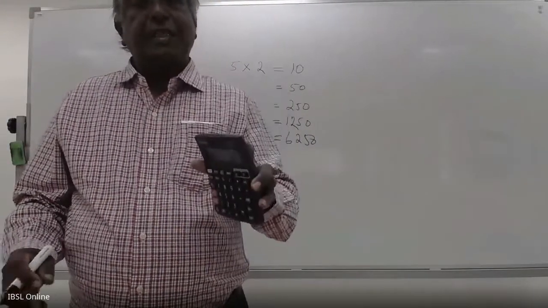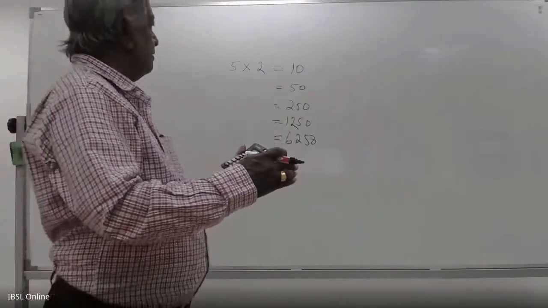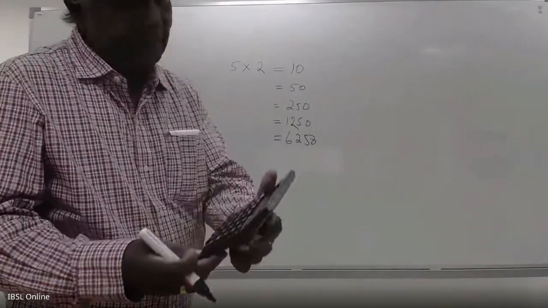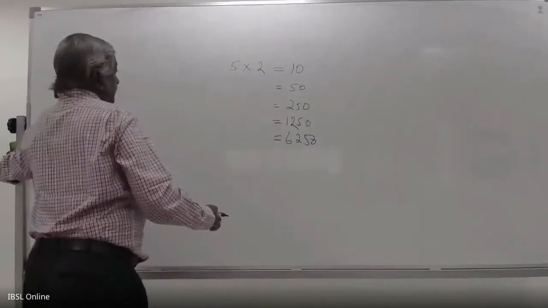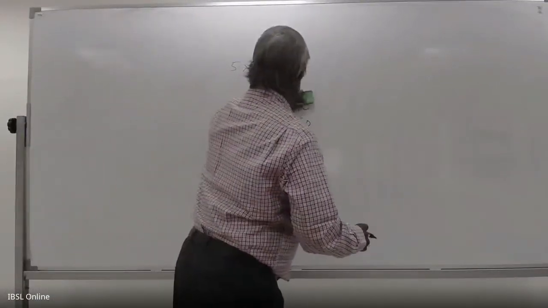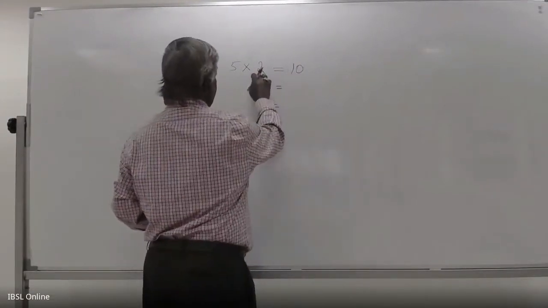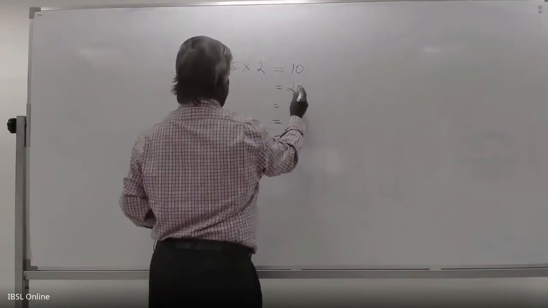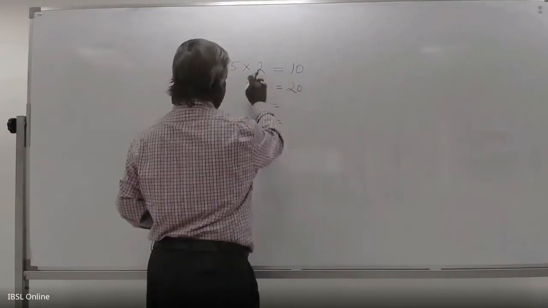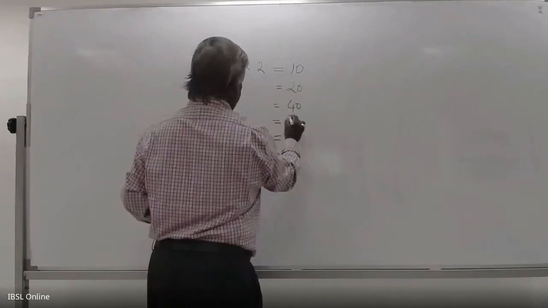Some calculators, when you press equal, will multiply the other way. The answer 10 is multiplied by the second input, 2, giving 20. Again equal sign, 40. Again, 80.